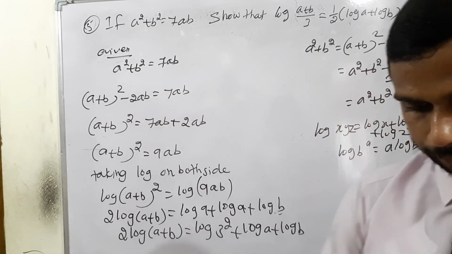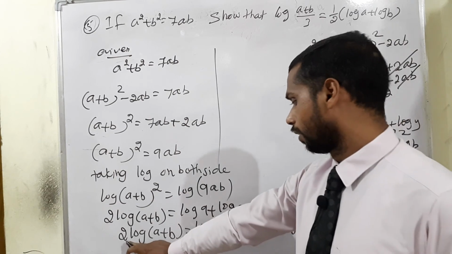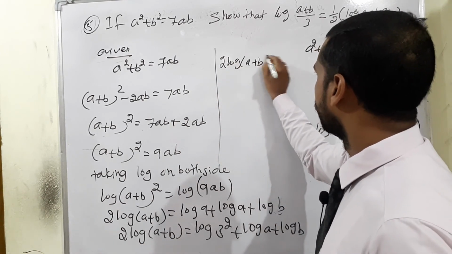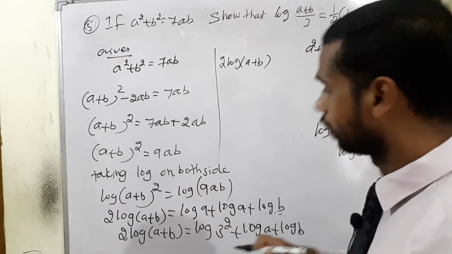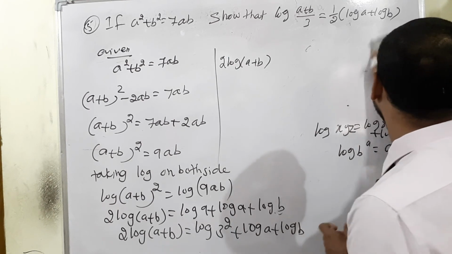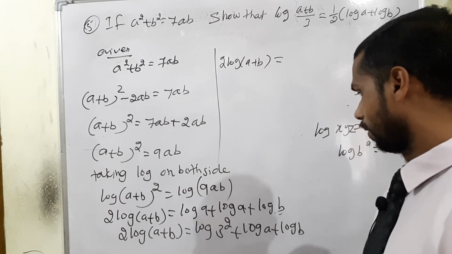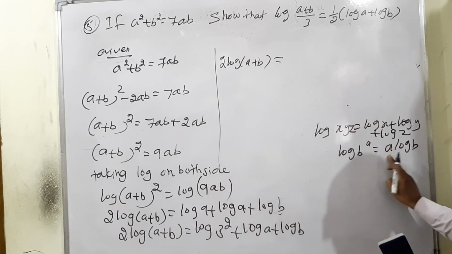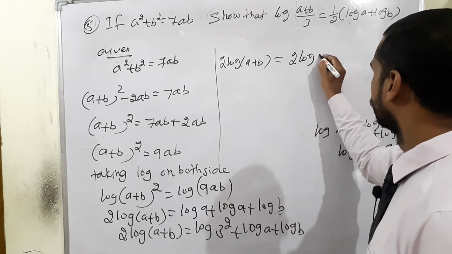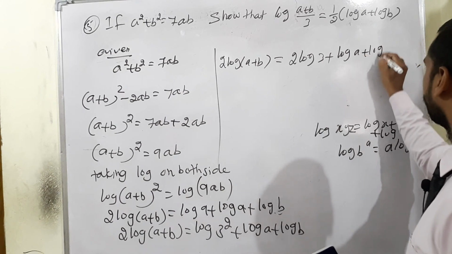Next condition. So what is the next condition? 2 log (a plus b) is equal to, by the power rule, log b power a means a log b. Therefore we can write 2 log 3 plus log a plus log b.